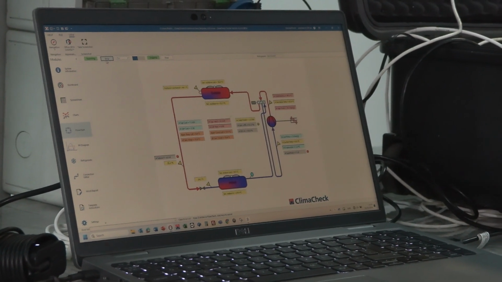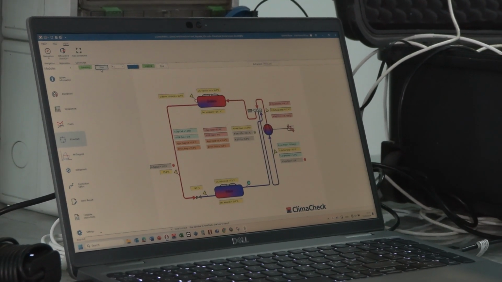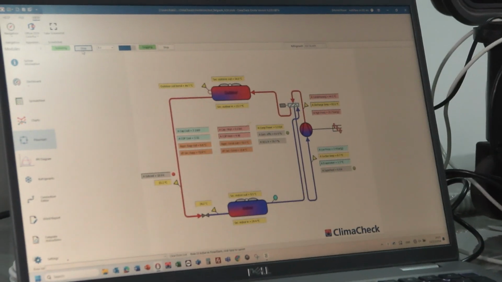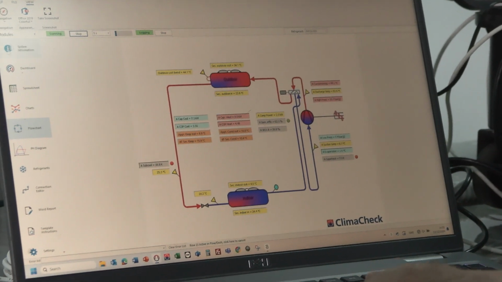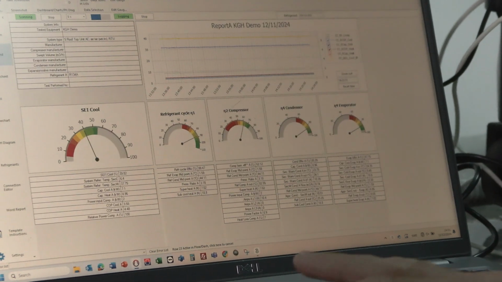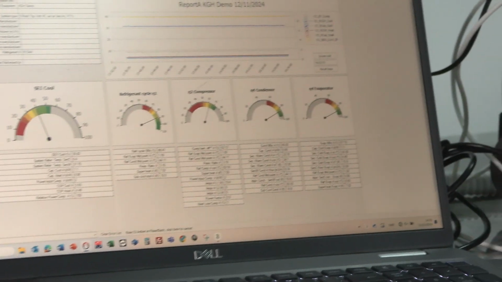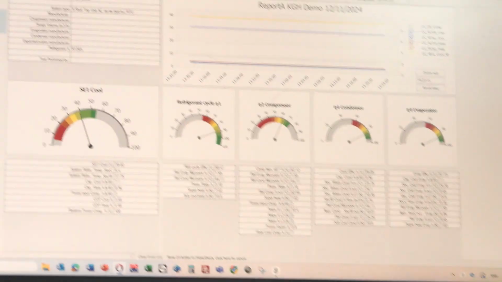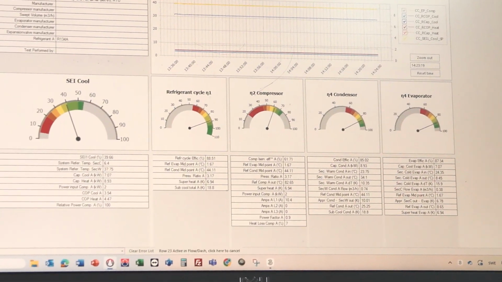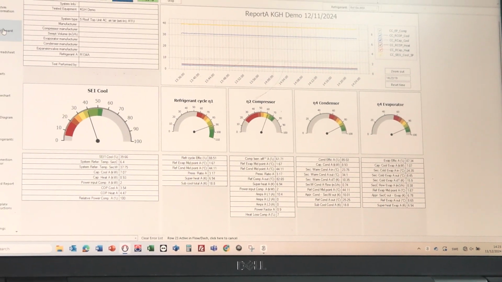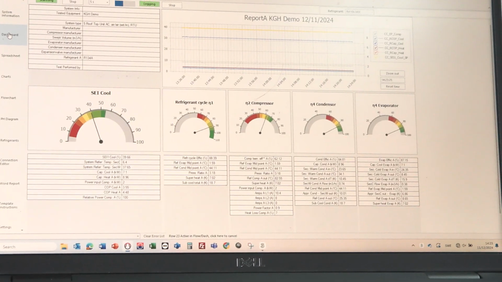And then we can start, and now we have data in real time on the performance of the system. The gauge to the far left is the total system efficiency index. You establish reference temperatures depending on what type of system it is.